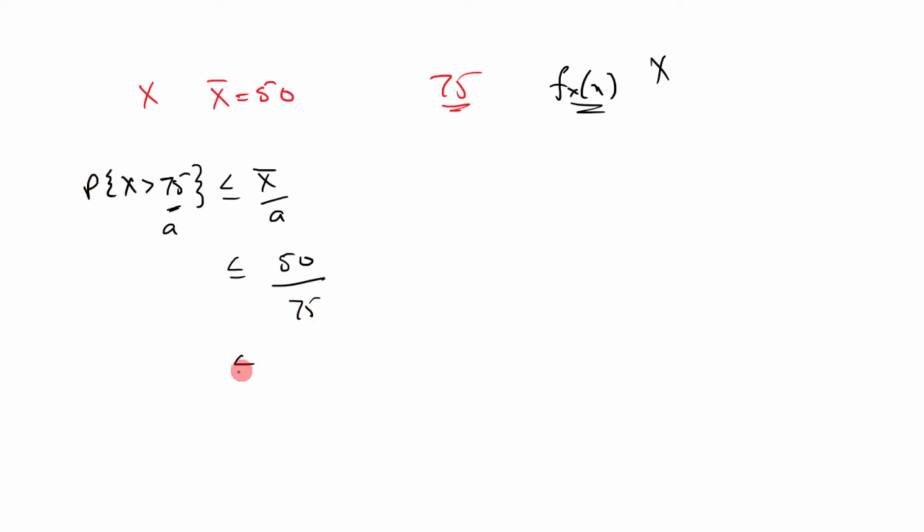This probability will be equal to 2 by 3 or 0.6667. So the probability that the items produced in a factory exceed 75 items is 0.6667.